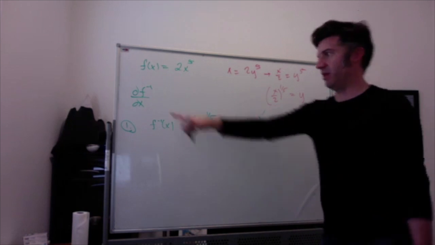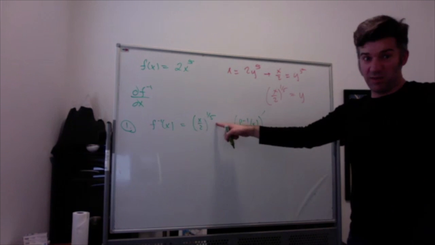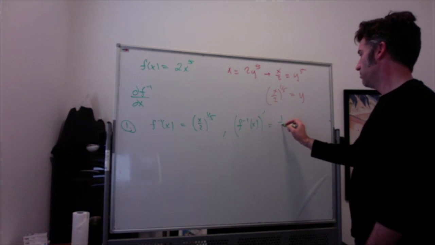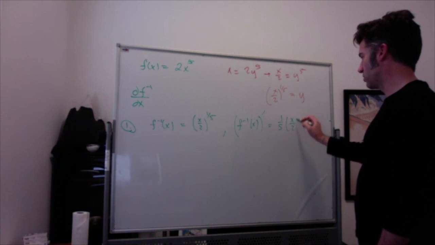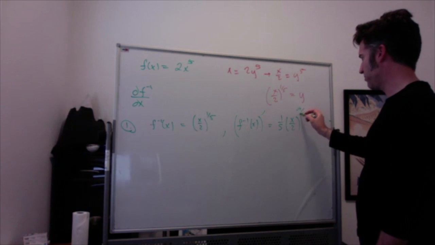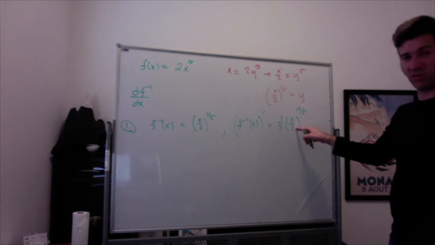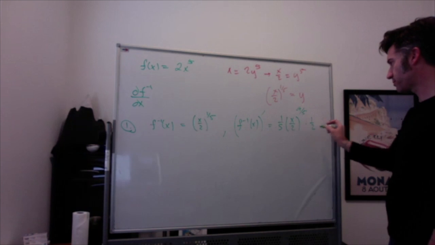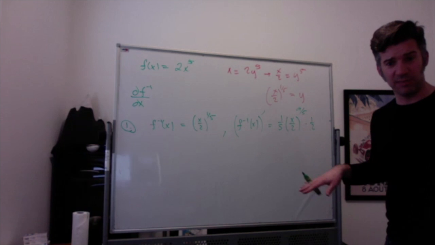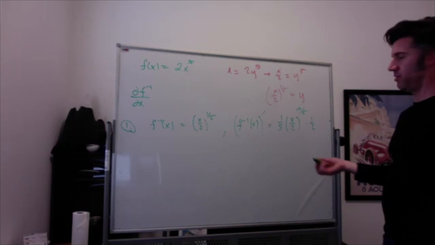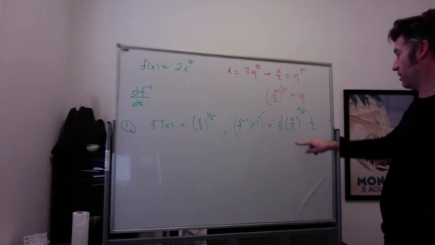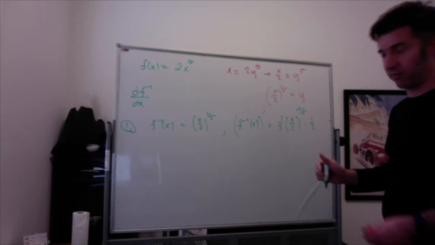I'm just going to take the derivative. So I'm going to get 1/5 times x over 2 to the negative 4/5 power times the derivative of x over 2, which is 1/2. And at least for now, I'm not going to simplify that. If I was going to simplify, I would write it as 1/10 times x over 2 to the negative 4/5.